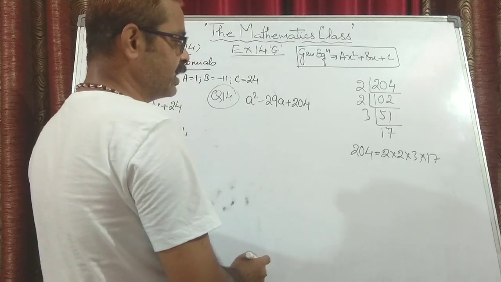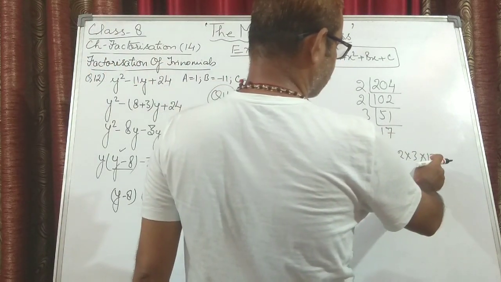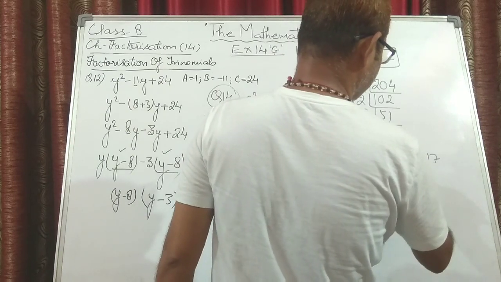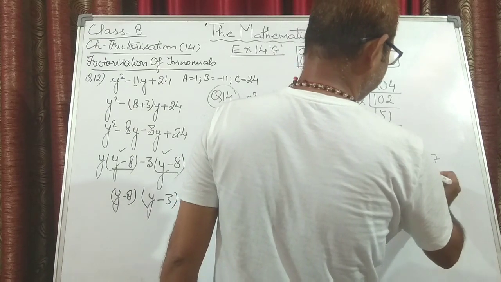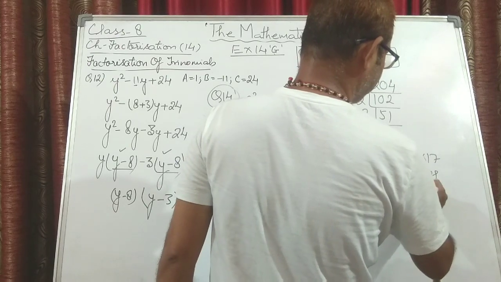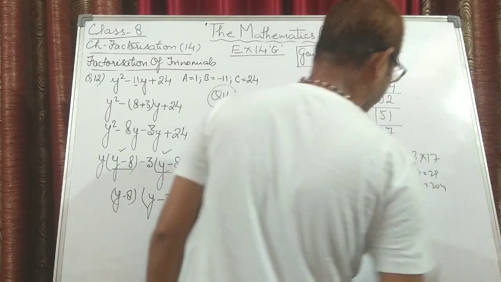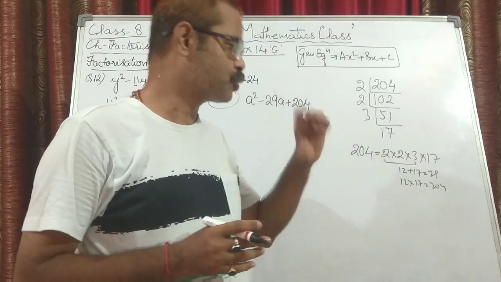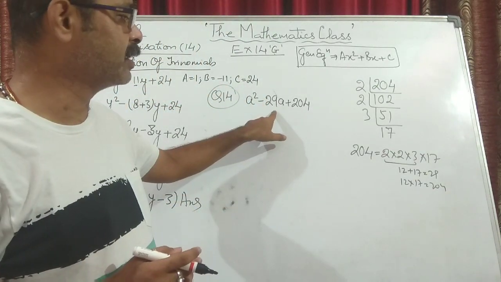We need what? 29. So 2 into 2 into 3 is 12. This is 12 and plus 17 makes 29 and 12 into 17 will make 204. Means we have to just arrange the factors so that we may get the middle term.